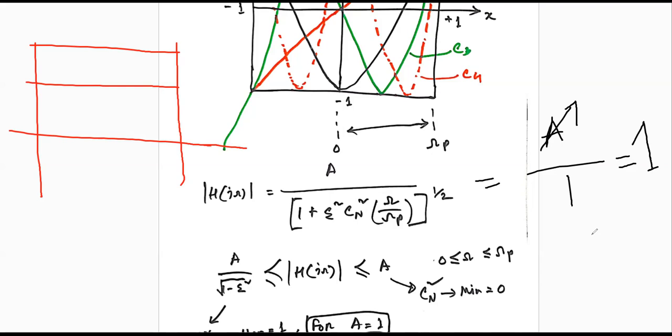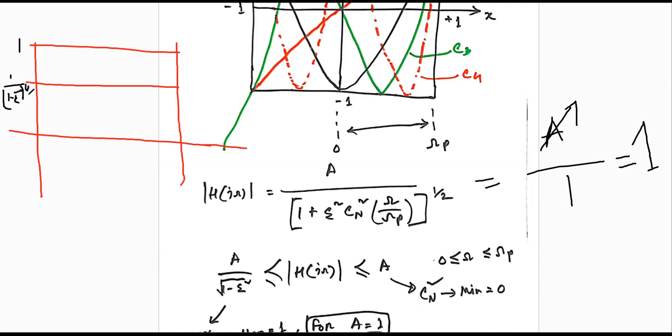Okay, sir. The gain is 1. A is equal to 1. So what should be the starting point for the first order filter? It will start with 1. And this is 1 divided by the square root of 1 minus epsilon squared. Okay, just take it like this.